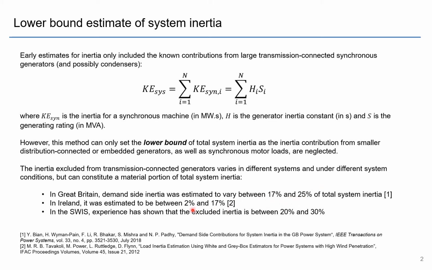In Ireland, it was between 2 and 17%. And in the Swiss system, we've seen it to be between 20 and 30%. So these are material contributions, and they change across the day, and they change depending on load. If you're looking at inertia estimates in their totality, they should probably be counted.